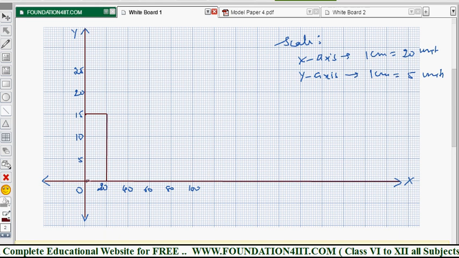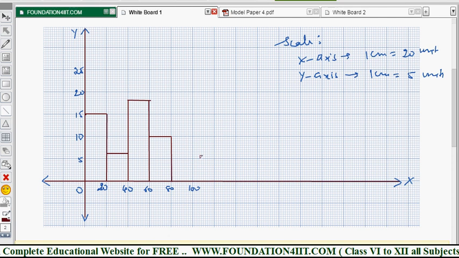That means every 2 millimeters is 1 unit, so for 6 it is 12 millimeters. Then 40 to 60 is 18. According to the class size and the scale you have taken, you just keep the bar lines. And 60 to 80 is 10, so this is the 10.